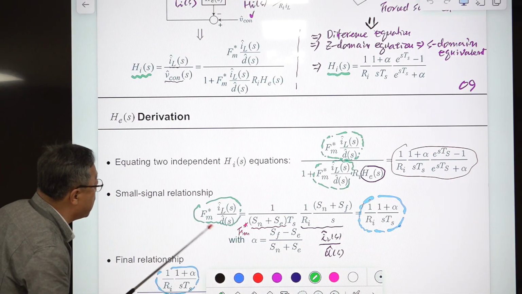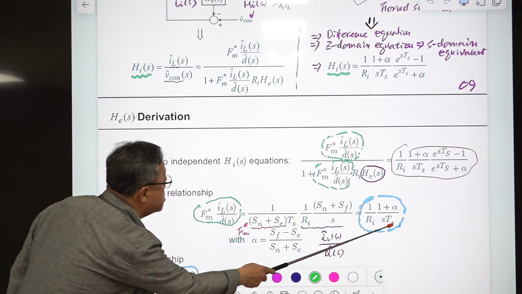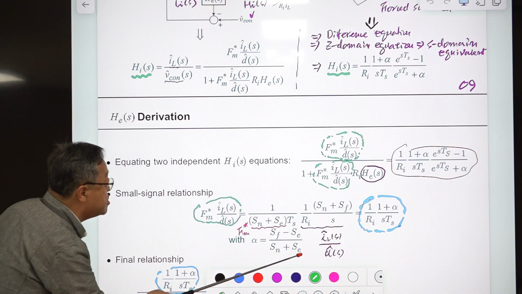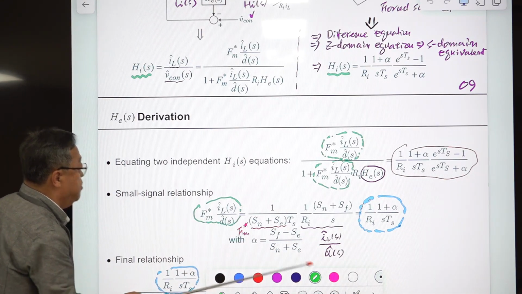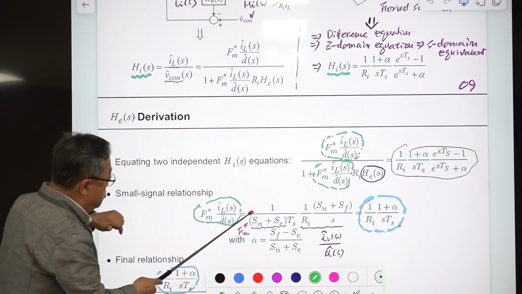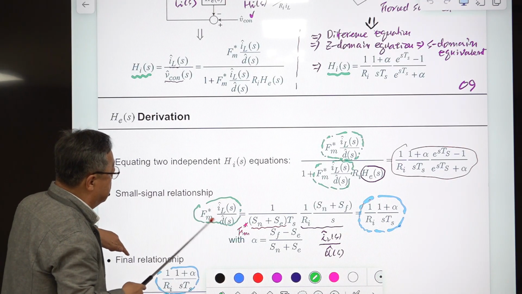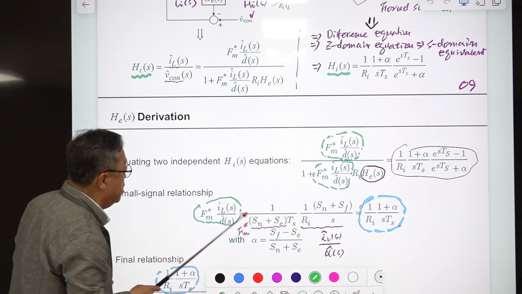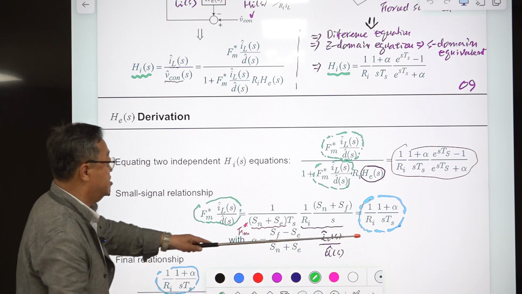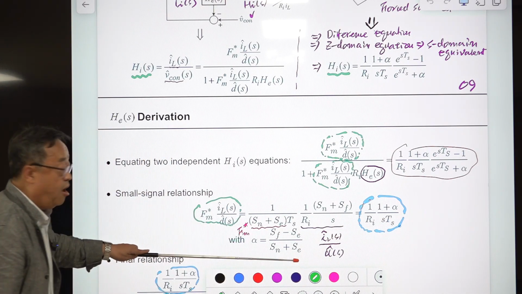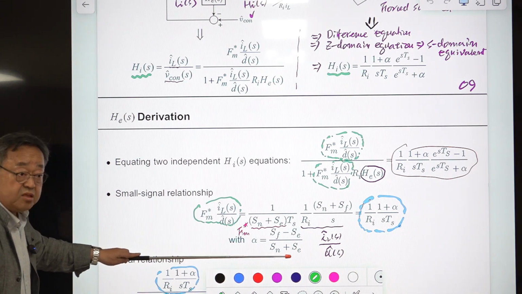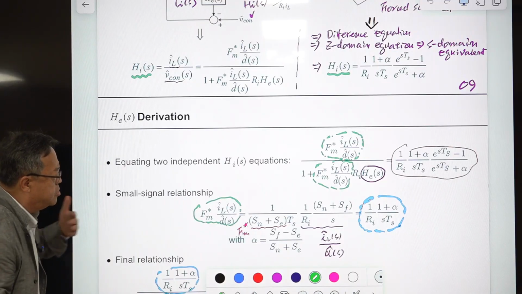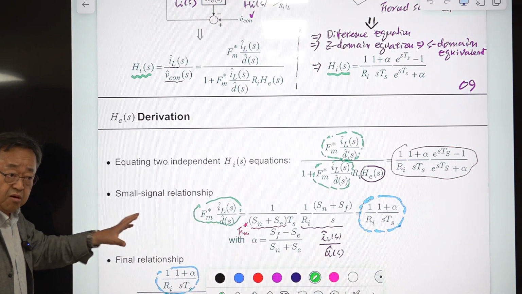So this one is modified to this, and this alpha is given by this. Let me repeat this. This part is F_M star, and this part is the derivation to the output transfer function. This is the sum of this, and that is simplified using this alpha parameter. We defined this alpha. This is some propagating constant.